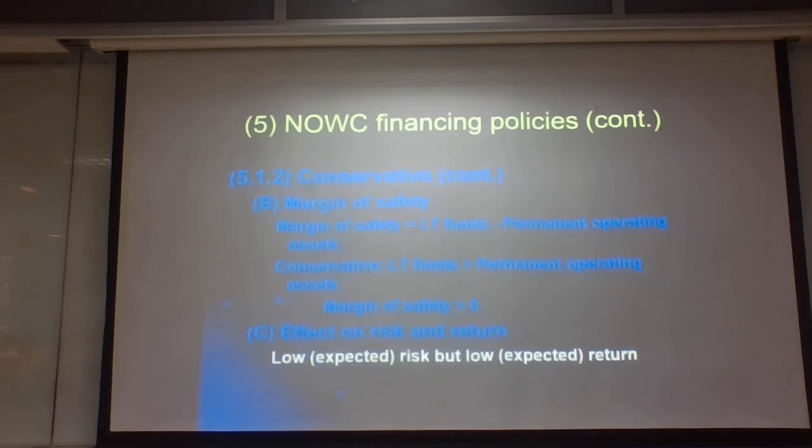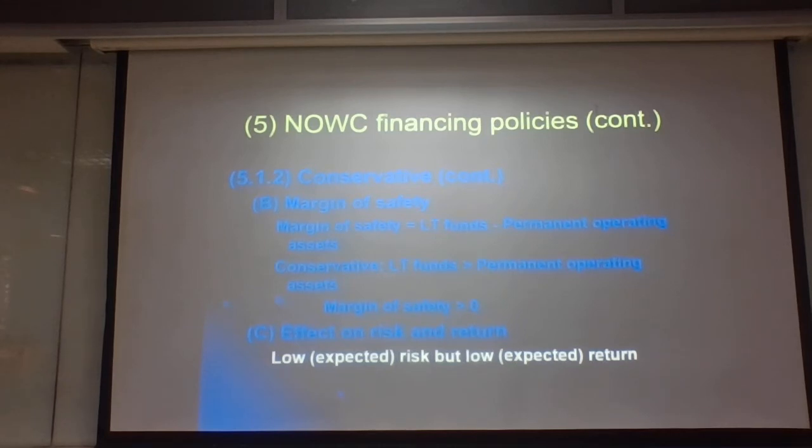Okay? But when it comes to the conservative policy, the risk of refinance is low, the risk of default is low. Okay? And therefore, the firm will not ask for a higher rate of return. Because if it is low risk, then it must be related to low expected return.